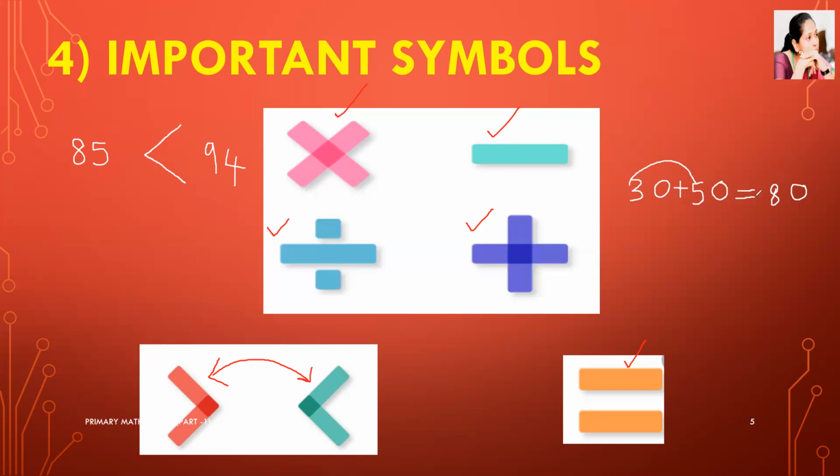These are some of the basic symbols that you should remember in primary grades, right? What are these? Multiplication, subtraction, division, addition, then the comparing greater or less symbol, and the equal symbol, right? Okay.